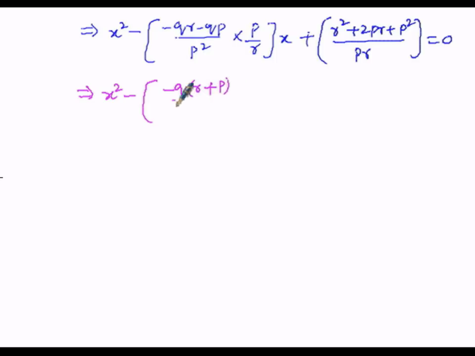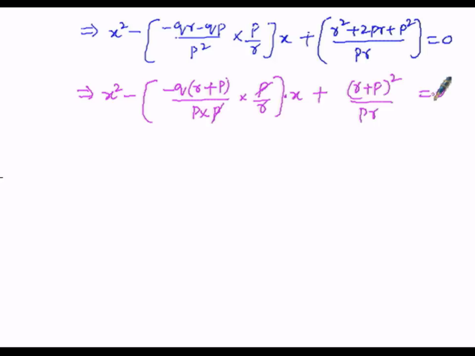Overall divided by p square must be written as p into p, so here into p divided by r, 1p and 1p get cancelled, into x plus, it is in the form of a square plus b square plus 2ab, which can be written as a plus b, that is r plus p whole square divided by rp or pr, then that is equal to 0.